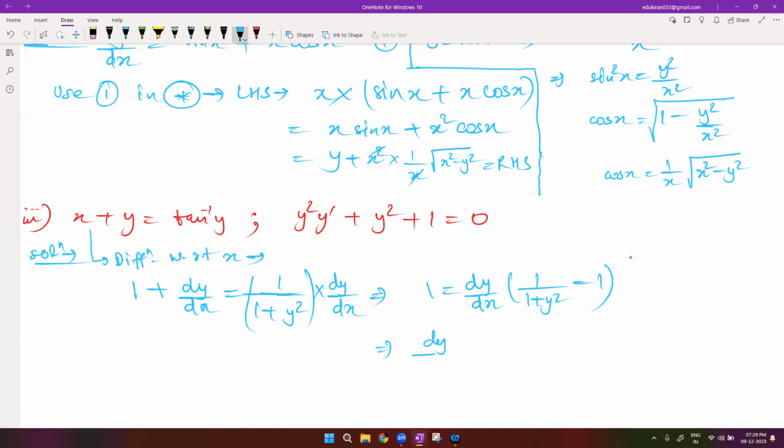So your dy by dx can actually be written as y square plus 1 upon y square into minus, which will basically be minus of 1 plus 1 upon y square. This will be your dy by dx.